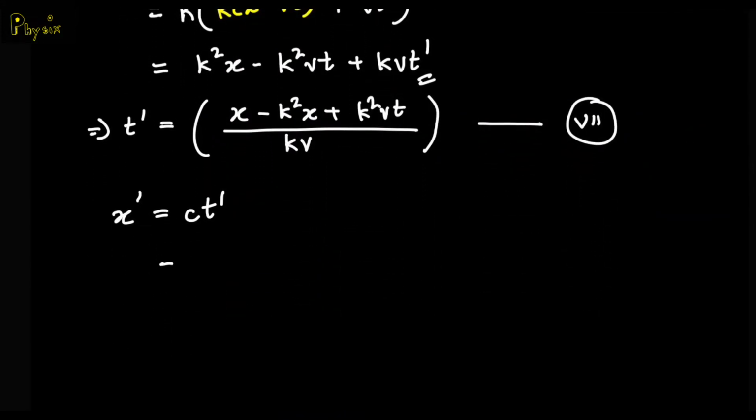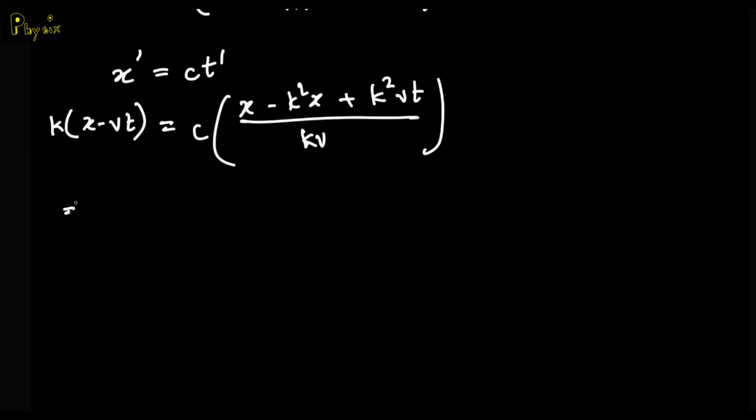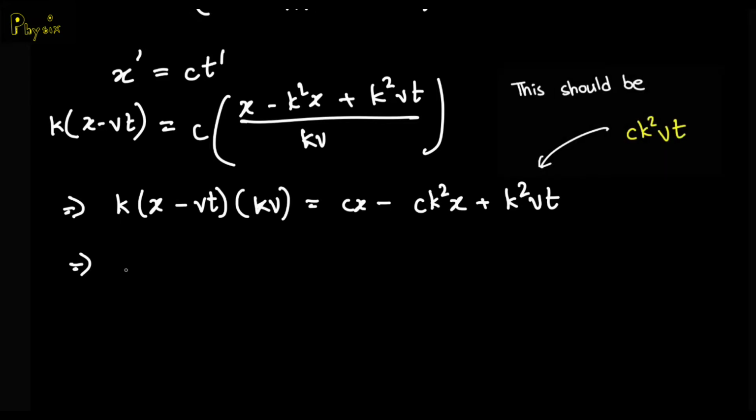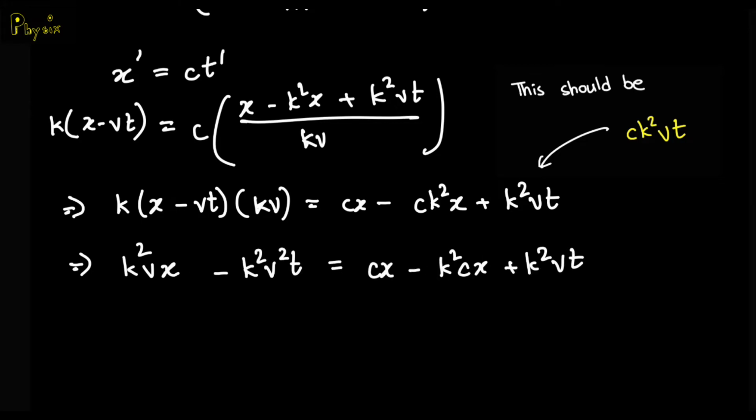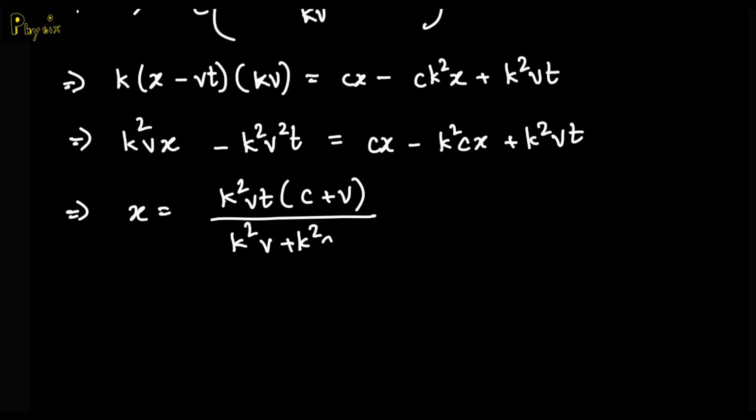So we get that x prime is equal to c times, and x prime is basically, and with further algebra we get that, now we can represent x in terms of the other variables over here, and we do so, and we get that x is equal to, this is our equation 8.